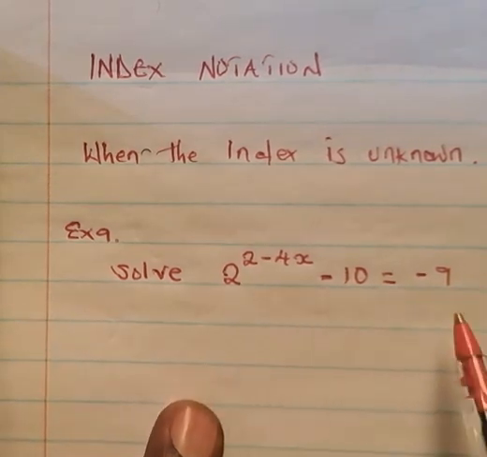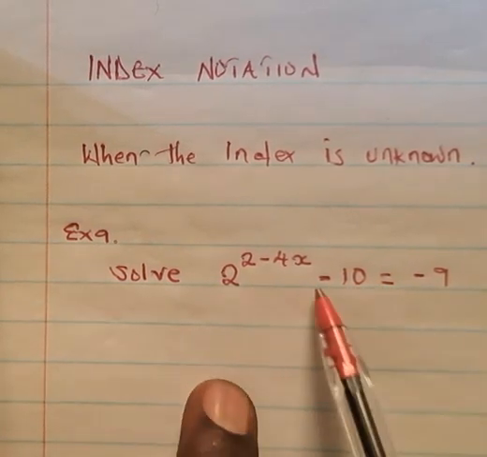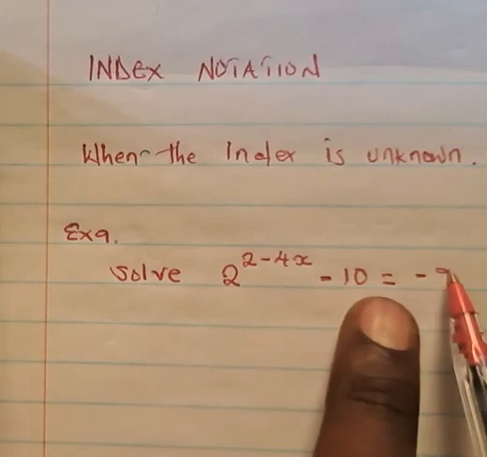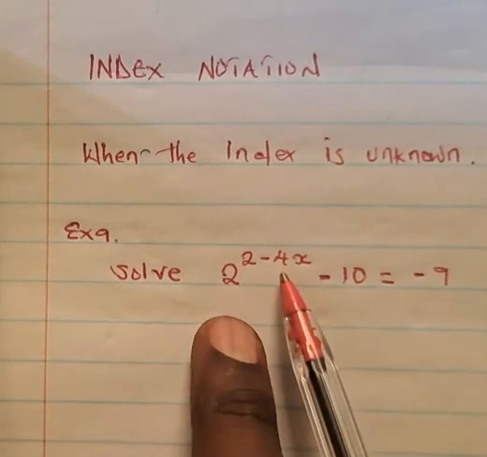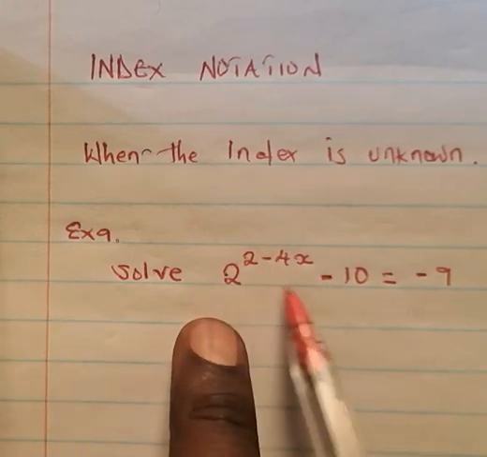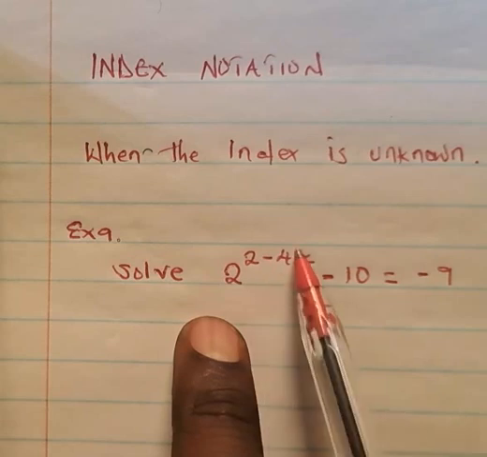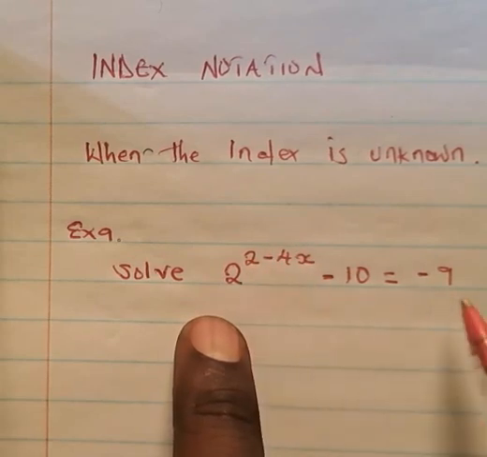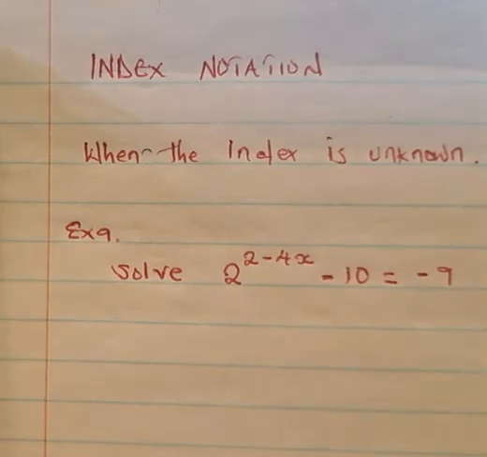We know that this is an equation, and we know this because it has two sides, the left side and the right side. So we want to look at the value of x which will make this whole expression, when we substitute it, equal to negative 9.